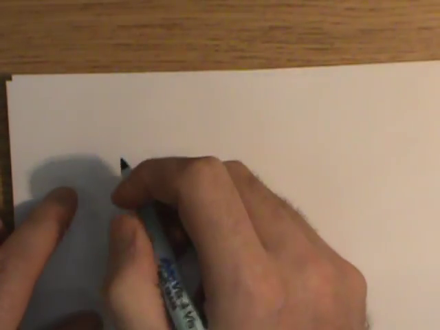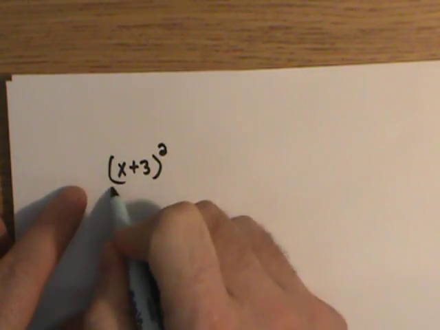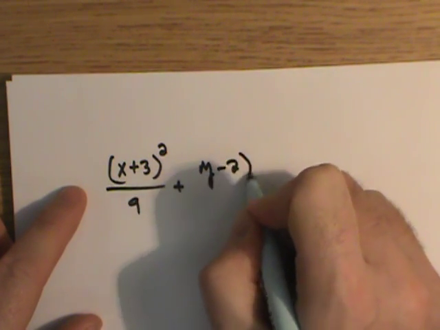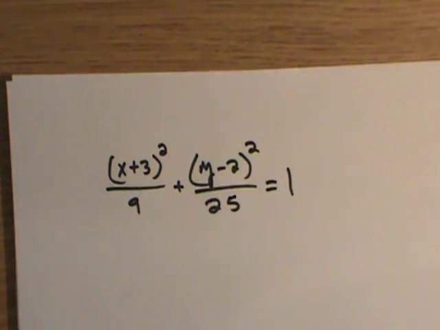When we say combine the two ideas, let's just do something simple. Let's stay with an ellipse. Let's say that we had (x plus 3) squared over 9 plus (y minus 2) squared over 25 equals 1.